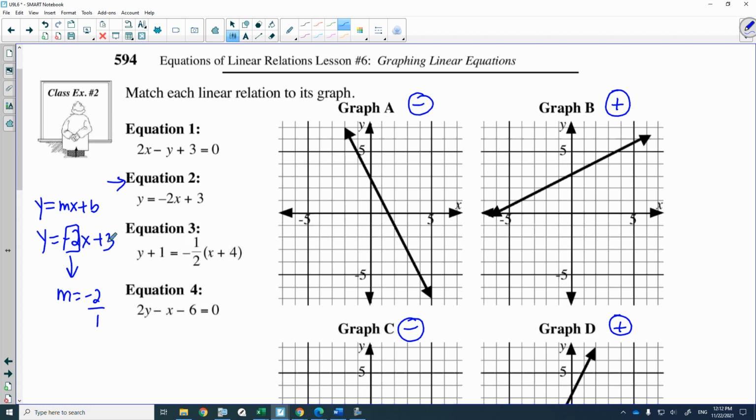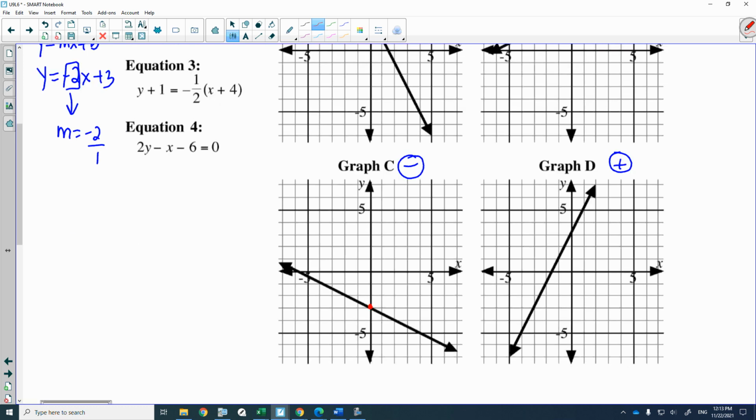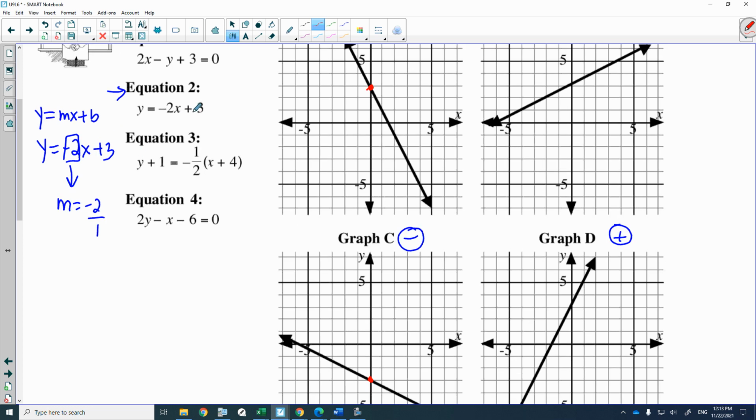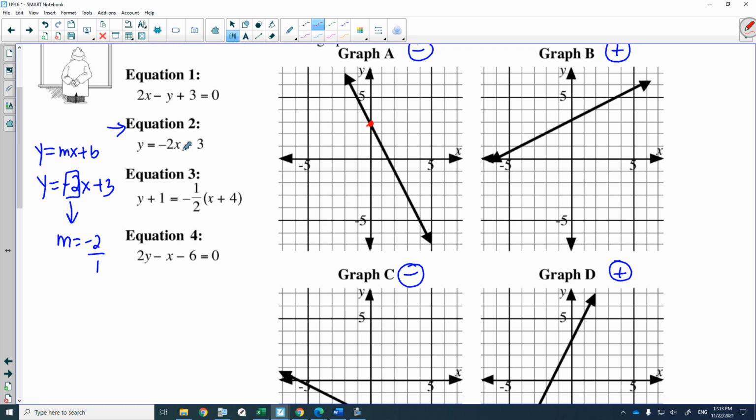It has a y-intercept of 3. A has a y-intercept of 3. C has a y-intercept of negative 3. What's my answer? A or C? It is A. We want a positive y-intercept of 3.